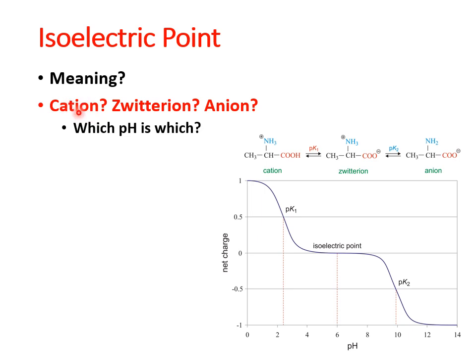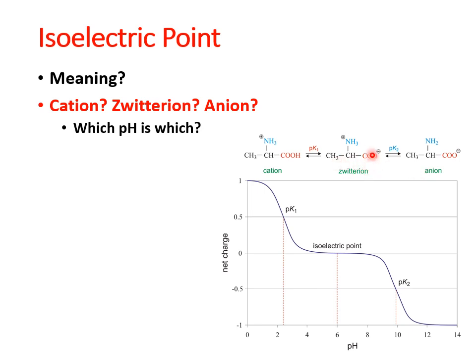So cation simply means positive charge. Anion, you can circle and underline the N of anion to say negative charge. Okay? So cation is the positive charge that we mentioned a moment ago over here, again, at a pH below the isoelectric point. Anion is the negative one at a pH above the isoelectric point.